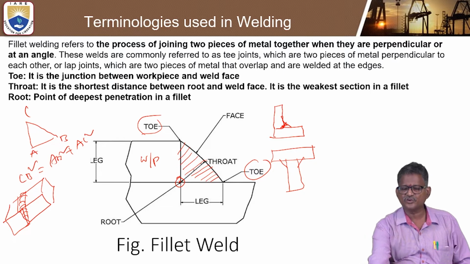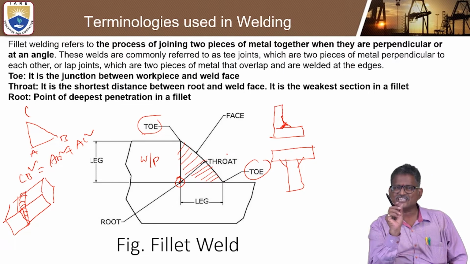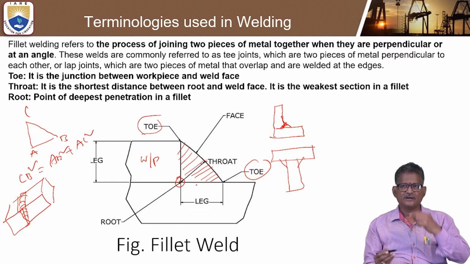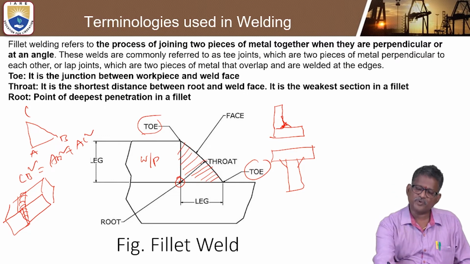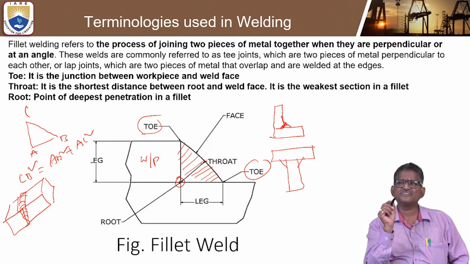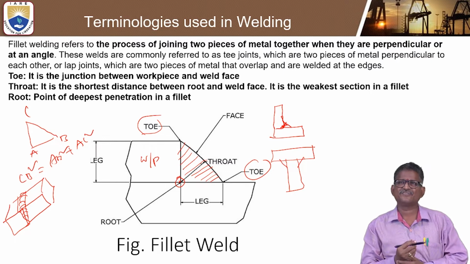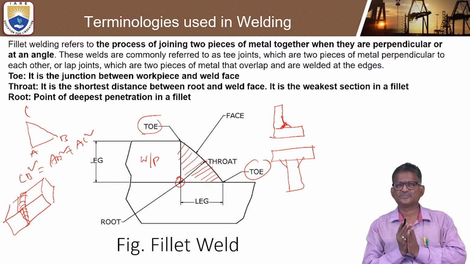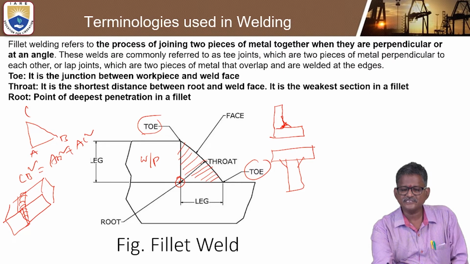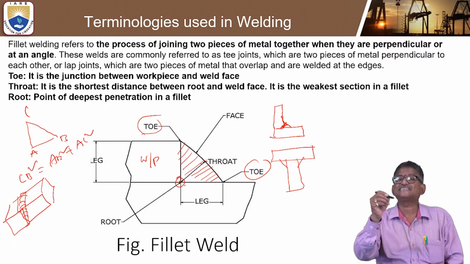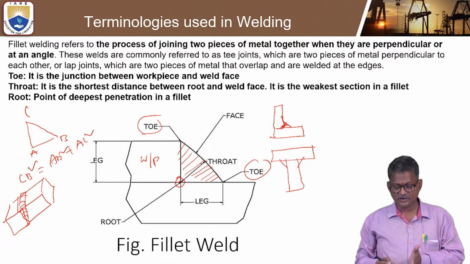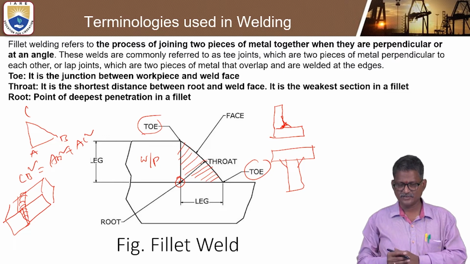And what about the throat? Throat is the shortest distance between the root and the weld face. At this point, it is the weakest section on a fillet. And the root is the point of deepest penetration on a fillet.